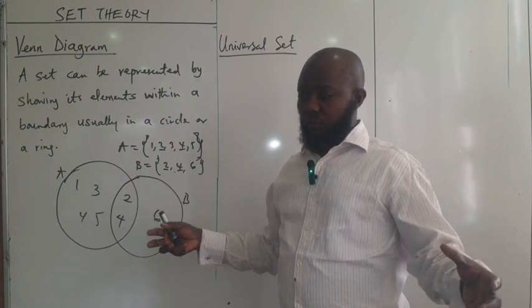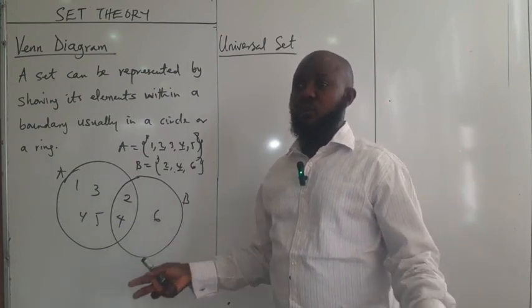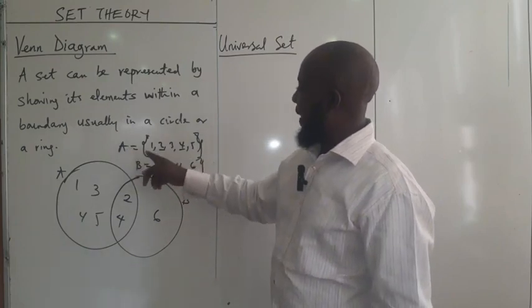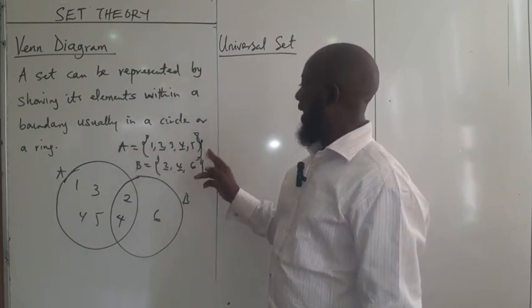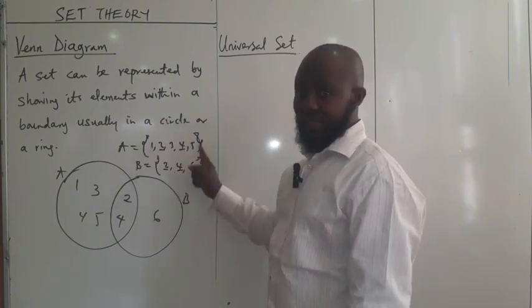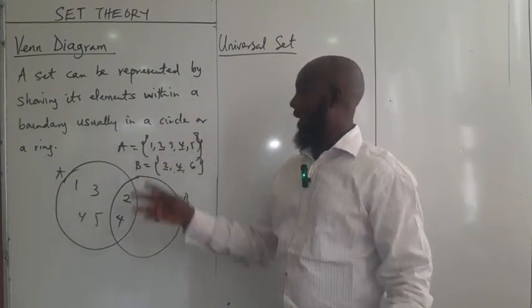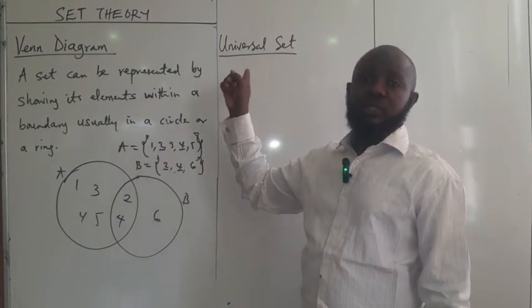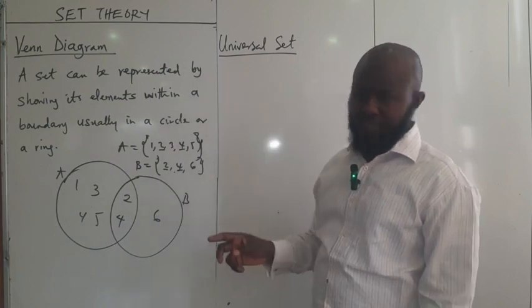If you have a problem, the universal set is one that will contain everything. All the elements in the universal set will be the elements that contain everything we have in other sets, and some others that are not in this set will also be included in the universal set. I hope that is very clear.